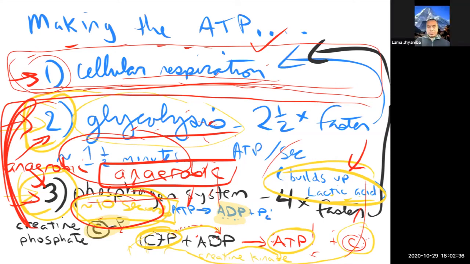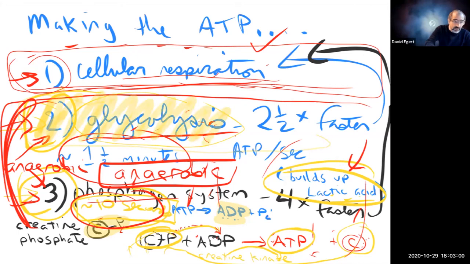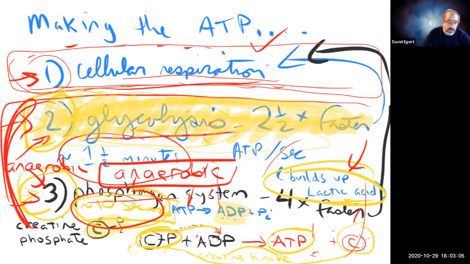Can you go over the lactic acid? If you are doing glycolysis to make ATP in your muscle, you're making ATP fast, but as we saw from our study of glycolysis at the beginning of the semester, you're also making lactic acid when you're doing this anaerobic pathway.